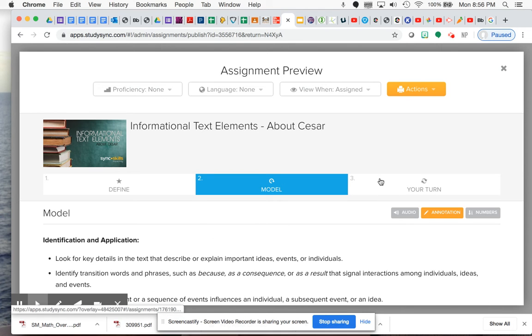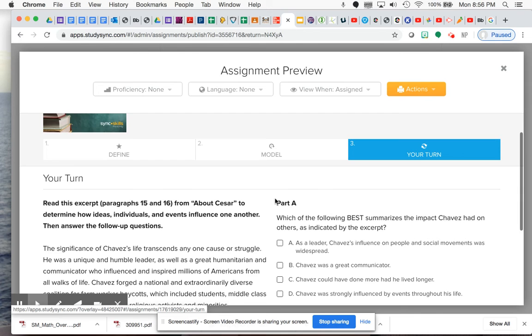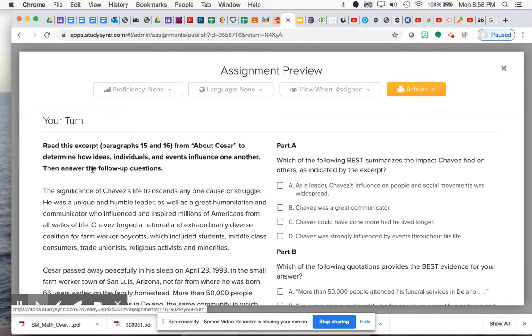So when we go to the "Your Turn" questions, this actual excerpt is from paragraphs 15 and 16. So for your questions in Part A and B, you want to summarize and base your answers specifically on just them. So we're going to read this excerpt from paragraphs 15 and 16, and then we can determine how ideas, individuals, and events influence one another.